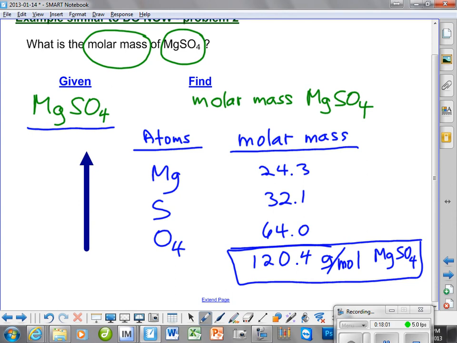So typically what happens is, in the problems that you're going to be working with later on, you'll need to find the molar mass of the molecule to be able to change the grams of one of the things in a reaction into moles. Just like you had to find the grams of the individual atom and change that into moles, you'll have to do that now on a molecule basis.